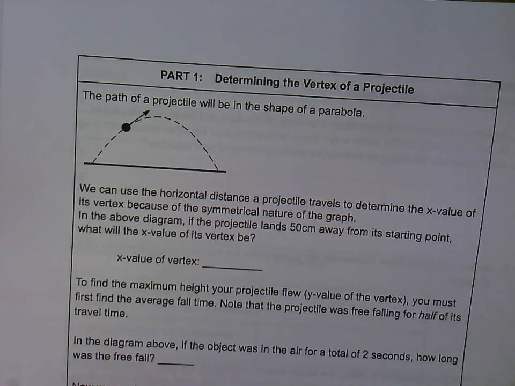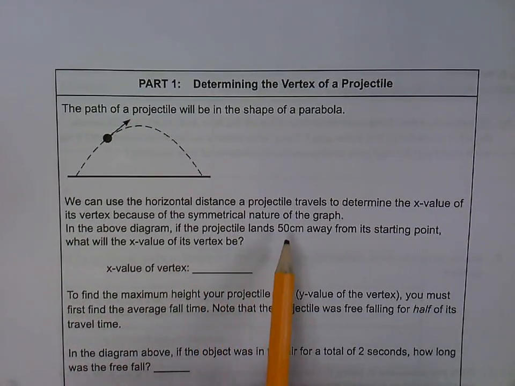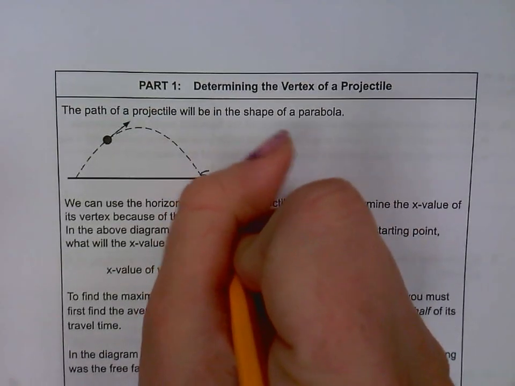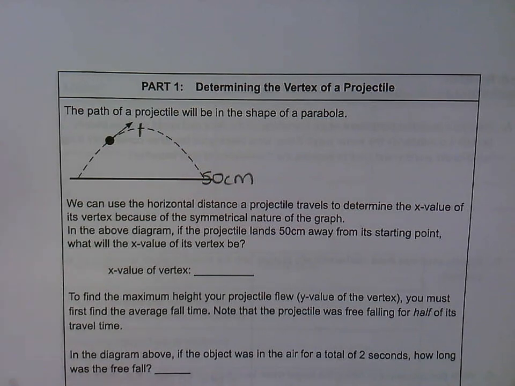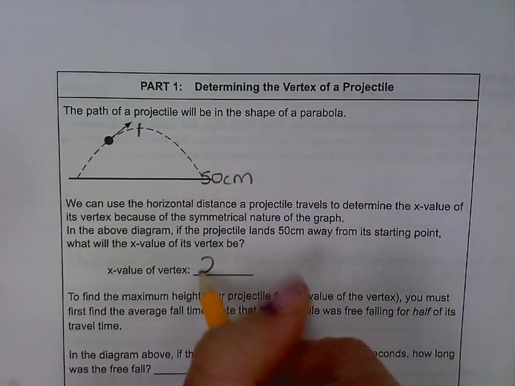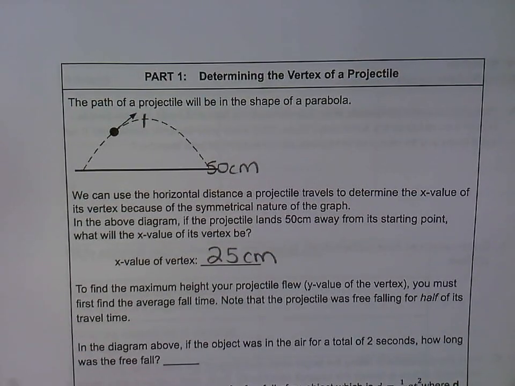So it says in this diagram, let's pretend the projectile lands 50 centimeters away on the ground. What does that tell me the x value of its vertex must be? If it goes 50, where does the vertex happen? At 25, right? Halfway. Because of the symmetrical nature of this projectile. You with me so far?